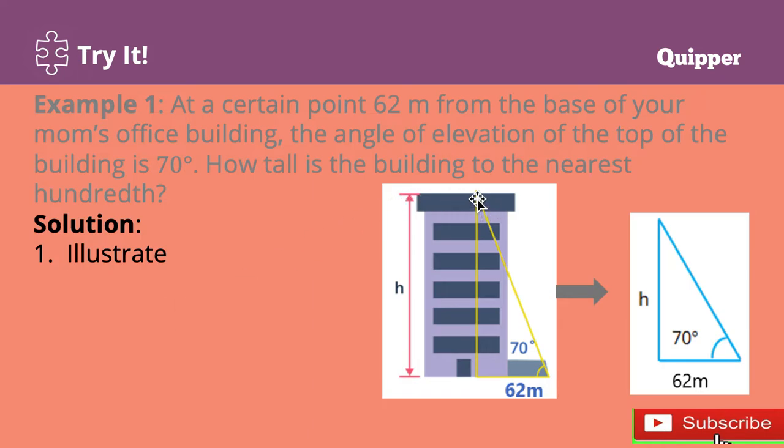This is the building and we are going to find the height of the building, given the distance from the building to the location of the child is 62 meters. Now it forms an angle of elevation that is 70 degrees. We are going to find the height of the building given the angle of elevation and the distance from the building to the observer.